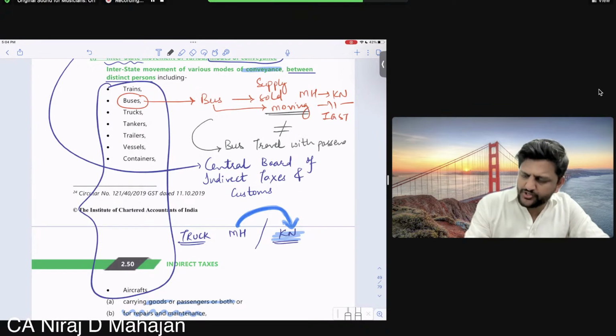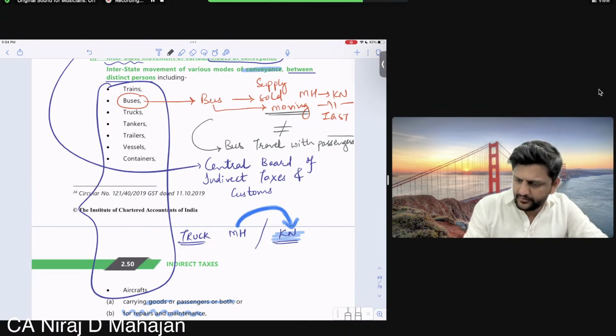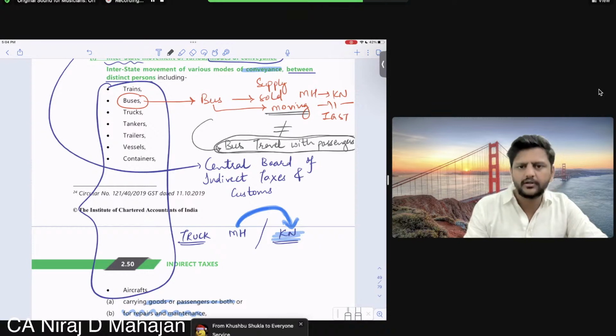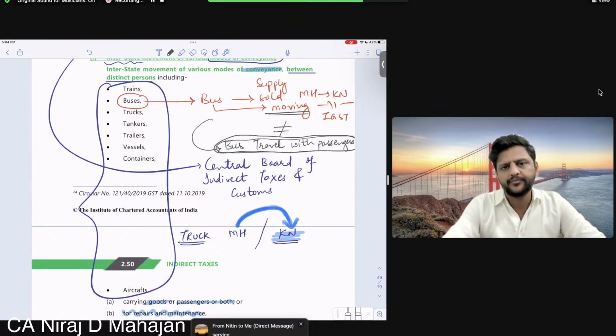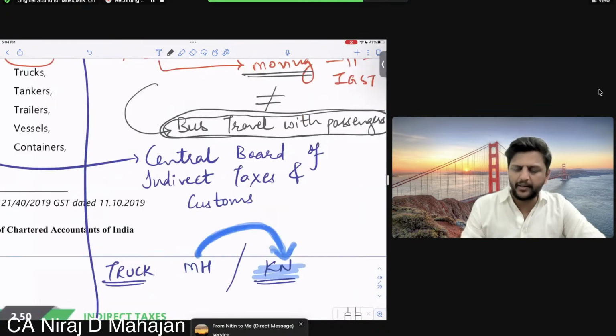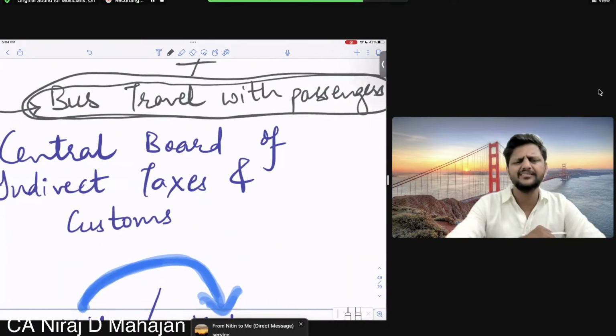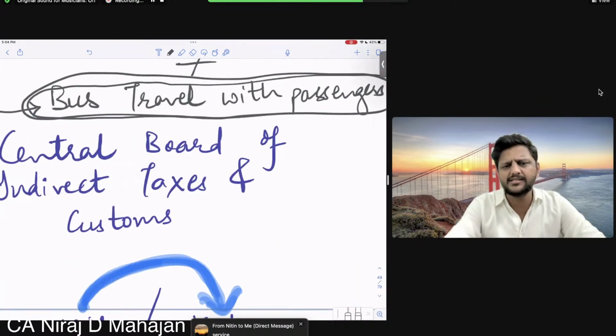When the bus is traveling with passengers, is that a supply of the bus or supply of service? What do you think? Correct. So in that case, are we supplying the bus? In the second case, no. Understood, clear, all of you?